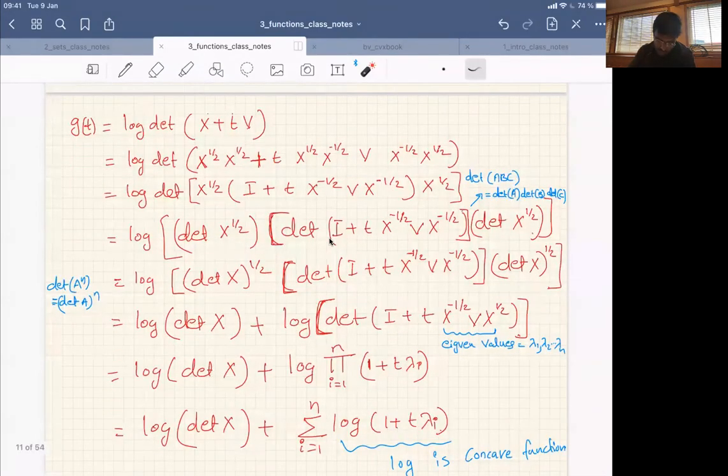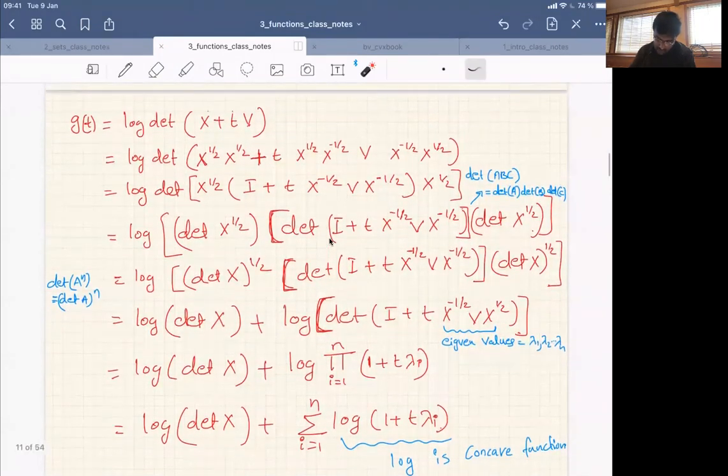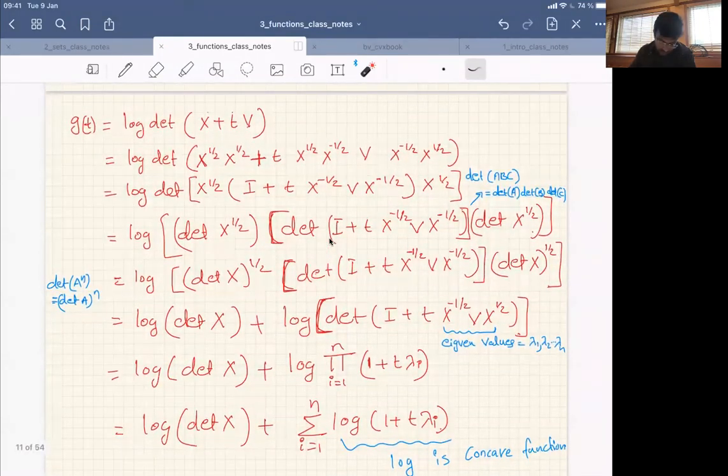Now I have the determinant of a product of three matrices, like determinant A, B, C, which I can write as determinant A into determinant B into determinant C, which I am writing here. Now what is this? Again I have determinant of A raised to n here, so I can take this half outside of the determinant.